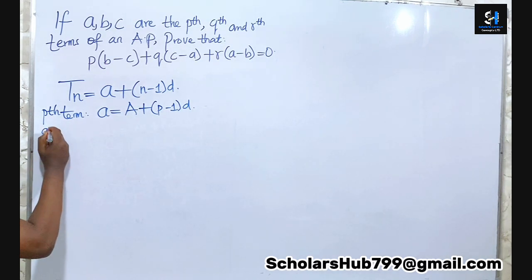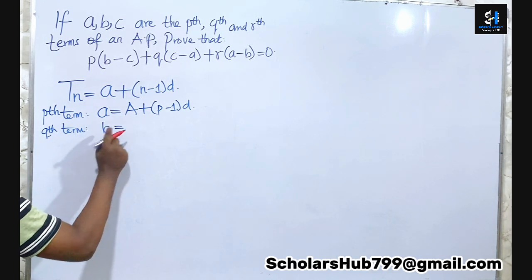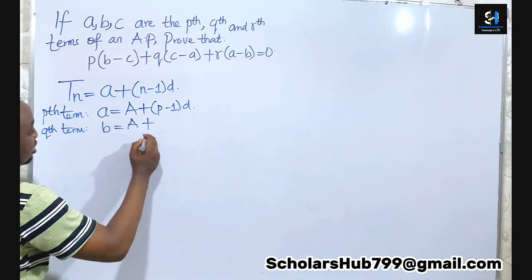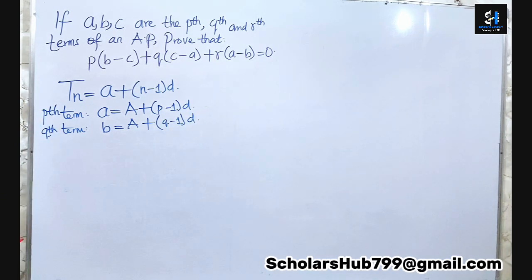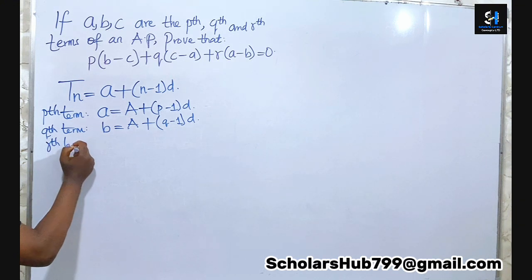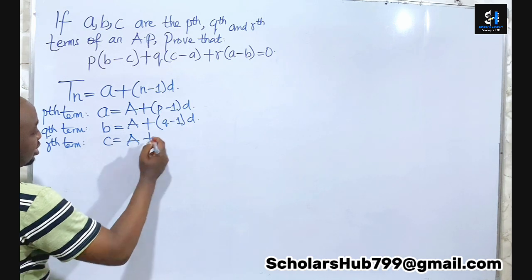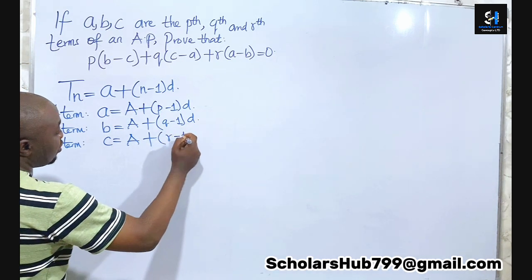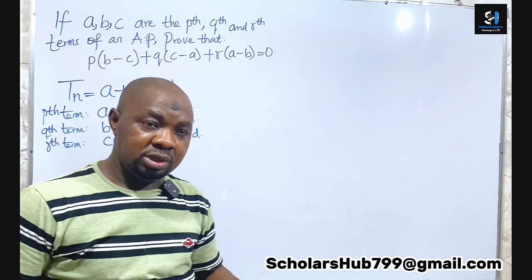Then for the qth term, it will be b equals uppercase A plus (q minus 1) multiplied by d, which is the common difference. Then for the rth term, we're going to have c equals uppercase A plus (r minus 1) multiplied by d, which is the common difference.